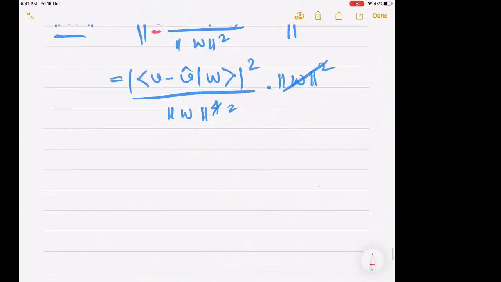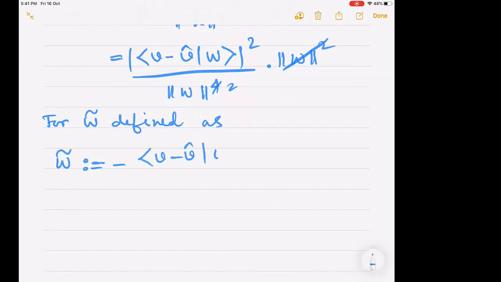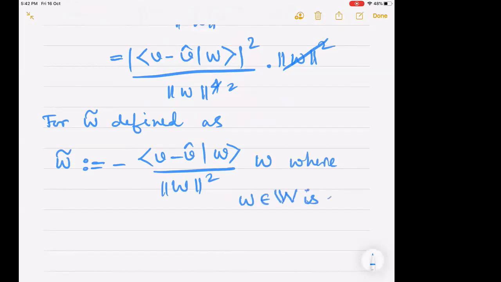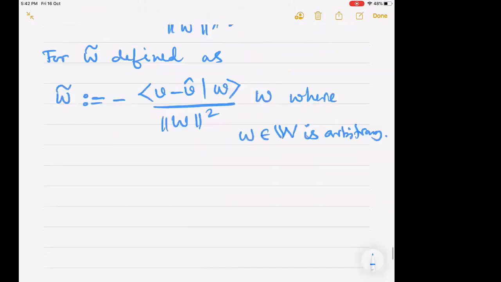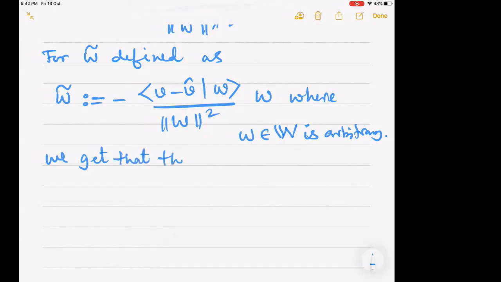So for W tilde defined as minus the inner product of V minus V hat with W, divided by norm W squared, times W, where W in W is arbitrary, we get that the LHS of double star is equal to, what was the LHS?